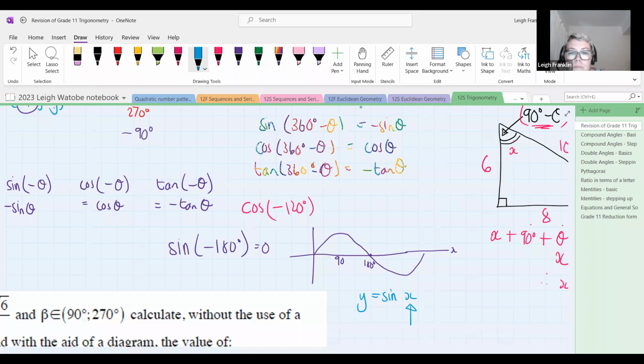The x's are our angles, exactly, Kagiso. They are our angles.